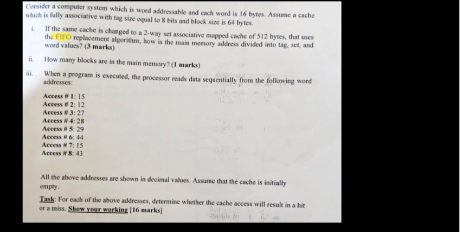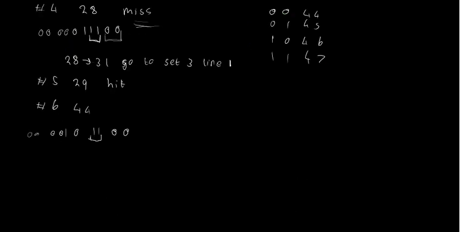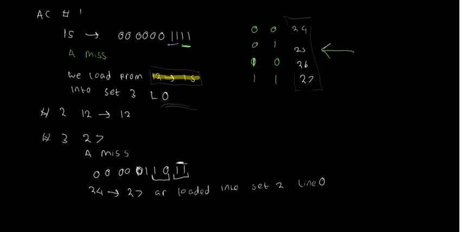So if we look at this, the one that we added the longest ago was this block over here from 12 to 15, right? Followed by, of course, this one over here, from 28 to 31, which we just added in. So the oldest one there is this one. So we're going to replace the contents of line number 0.